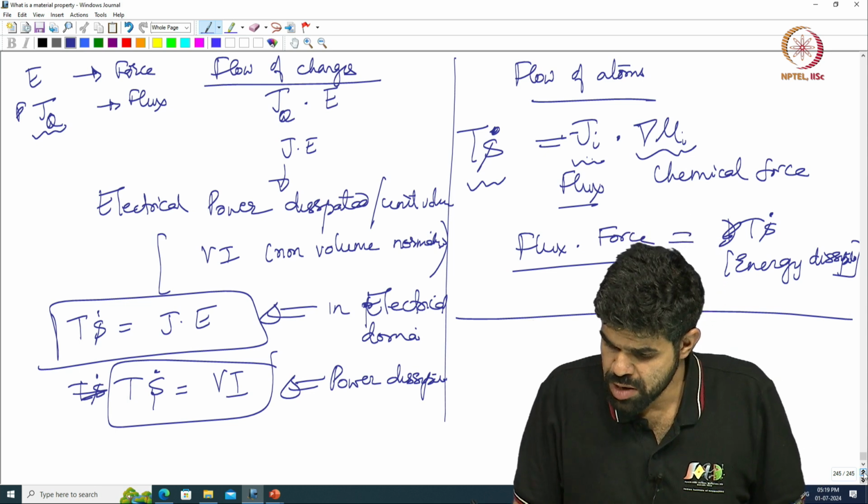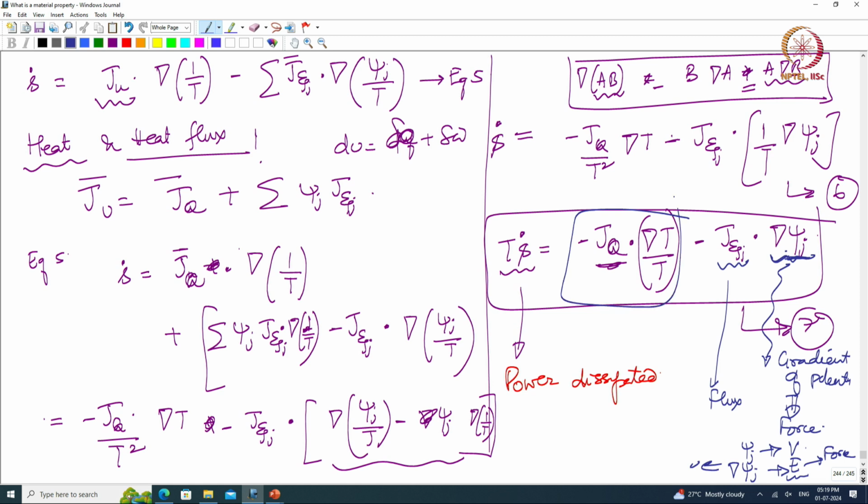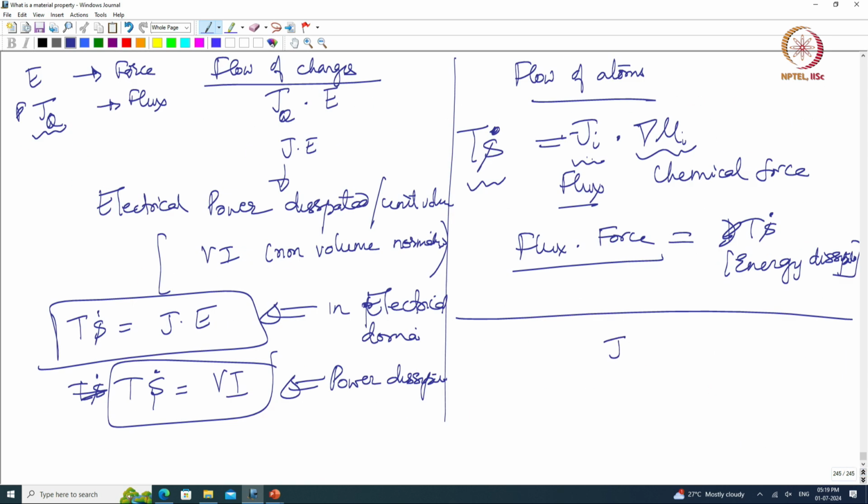Now, there is one more important thing here. If you look at the thermal energy dissipated, right. So, okay, T S dot is the total power dissipated, it is in all domains, but I can dissipate it just by heat flow. So, if I have heat flow times del T by T, or gradient of T by T, right. So, this looks like the force, right.